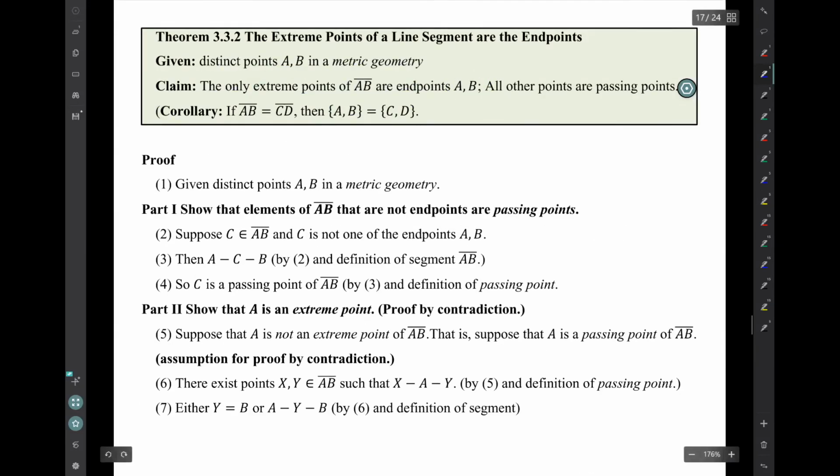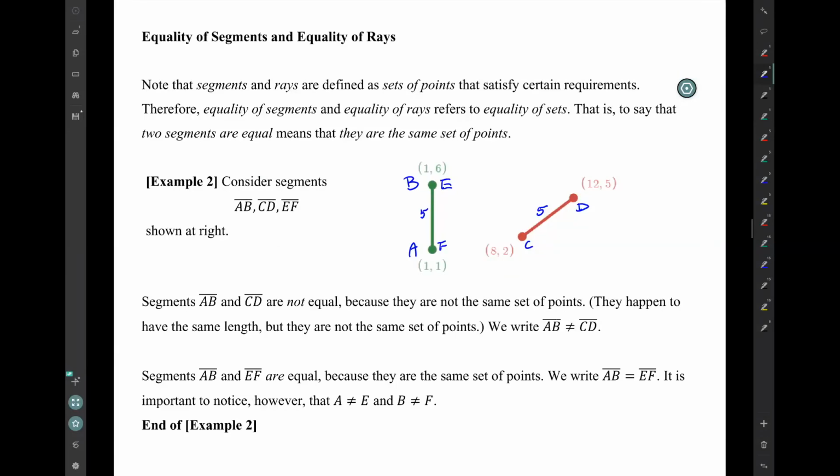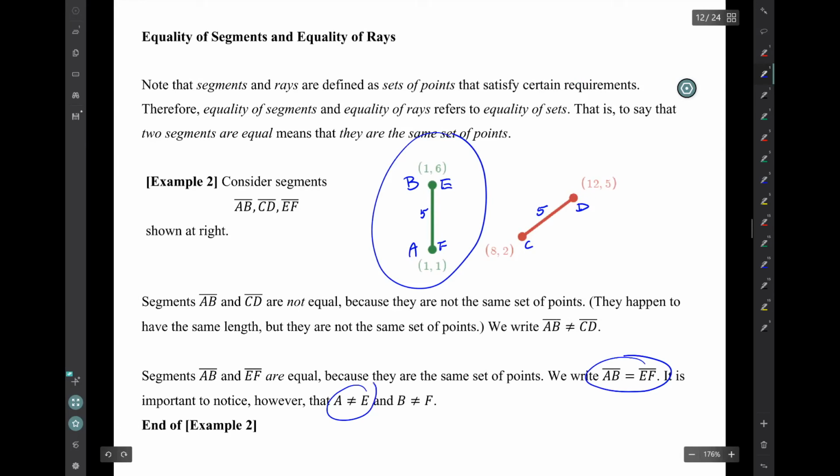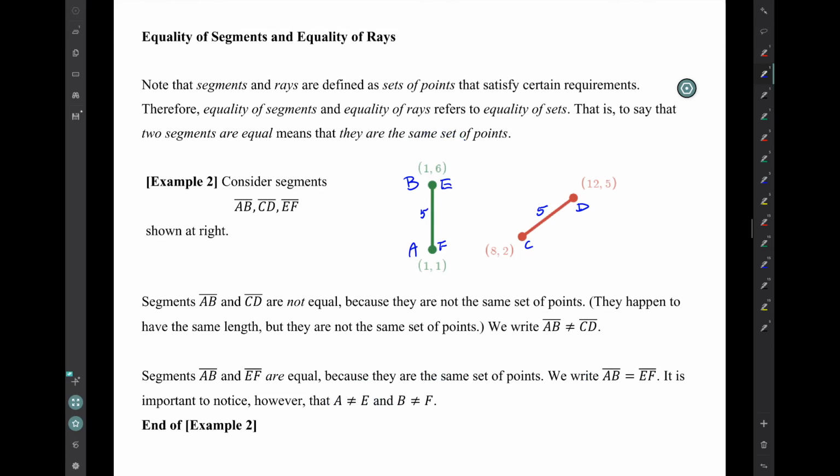Now there's kind of a freebie that if two segments are equal, then their sets of endpoints are equal. Remember from before, we had segment AB equal to segment EF, even though A is not equal to E and B is not equal to F. But if we look at the set of all the endpoints, the set of endpoints for this segment is this set, and the set of endpoints for the right segment is this set.